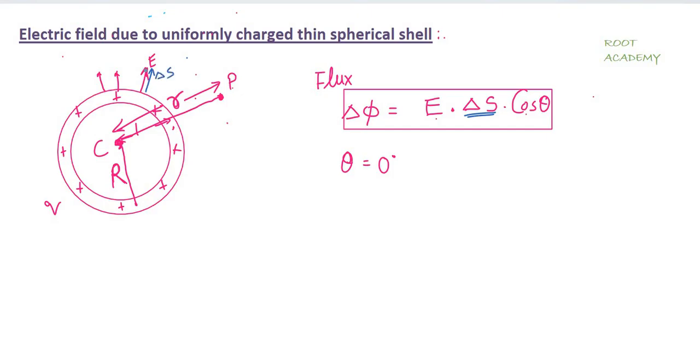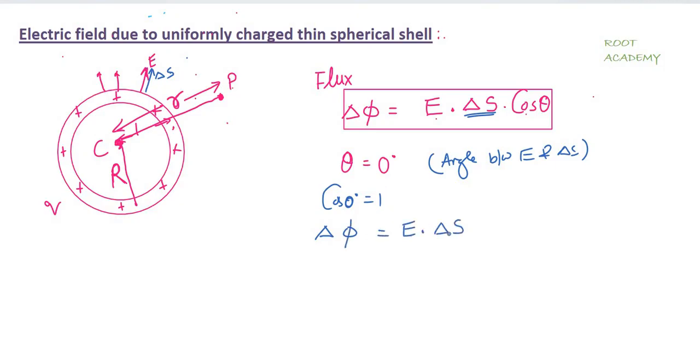This is del S. We can see clearly that the angle between E and del S is 0 degrees, and cos 0 is 1. So the flux is nothing but E del S, where E is the electric field intensity and del S is the area.